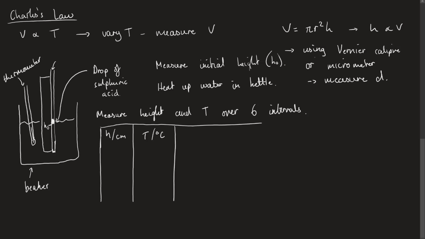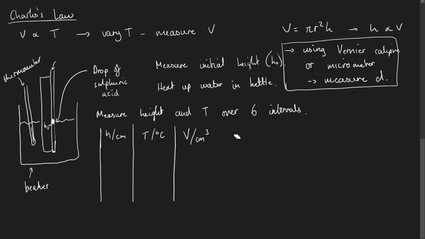If you so wished, at this point you could just plot these two columns and you'd be fine. If you are asked to by the supervisor or whoever is doing your experiment, you can follow this extra step where you calculate the cross-sectional area and convert it into volume, which will be in centimeters cubed. And then that would conclude your table.